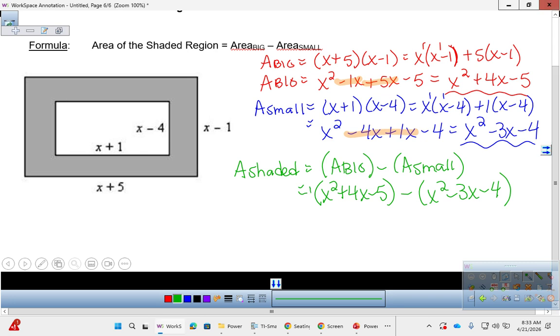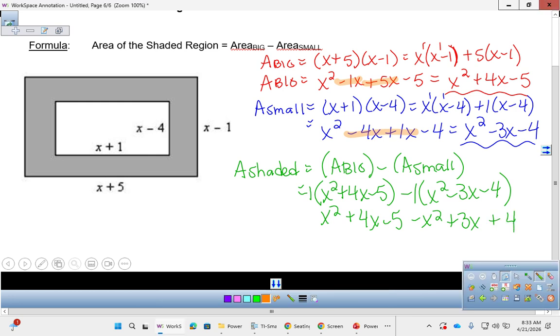And I'm going to put ones here. And I'm going to distribute the 1. 1 times x squared, 1 times 4x, 1 times negative 5. Negative 1 times x squared, negative 1 times negative 3 makes positive 3x. Negative 1 times negative 4 makes positive 4. And then I'm going to combine like terms. What happens to the x squareds?